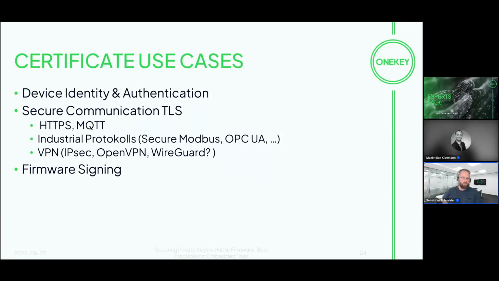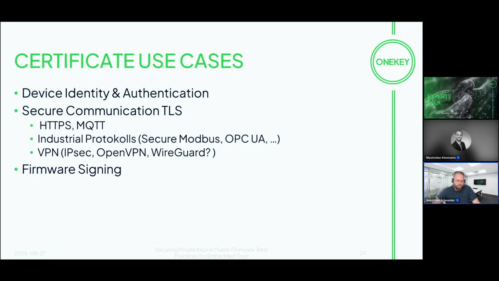In some cases, we also have mutual TLS in such a setup, so that not only the server has to present a certificate, but also the client. Then we have some industrial protocols that are already TLS enabled, like Secure Modbus or OPC UA, and of course VPN like IPsec and OpenVPN, while I'm not quite sure how widely spread WireGuard is in commercial and industrial setups.